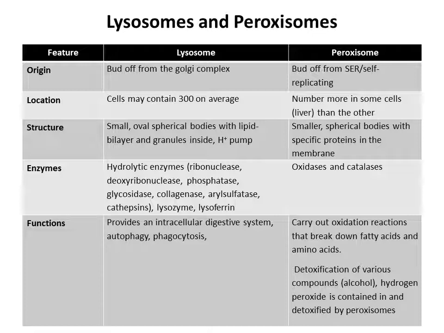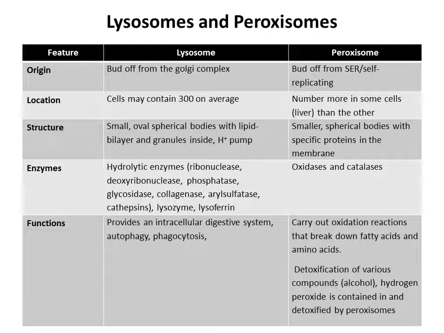As for their structures, lysosomes are small oval spherical bodies with lipid bilayer and have granules inside. Also their membranes contain a special pump, which is the hydrogen pump, which pumps hydrogen ions into the lysosomes. As for the peroxisomes, they are smaller as compared to the lysosomes. They are spherical bodies too, with specific proteins in their membrane.